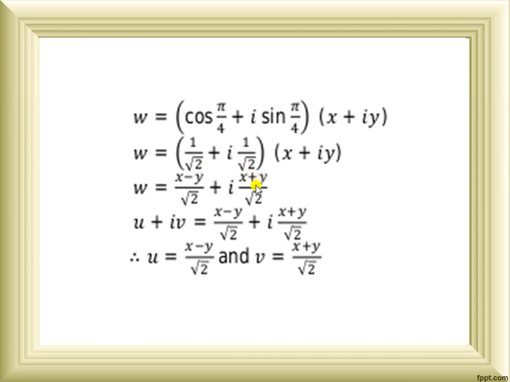After multiplying, split the real and imaginary values. Now on the left hand side we have W, which is u plus iv. Expand this and equate the real and imaginary parts separately. u is equal to (x minus y) by root 2 and v is equal to (x plus y) by root 2.